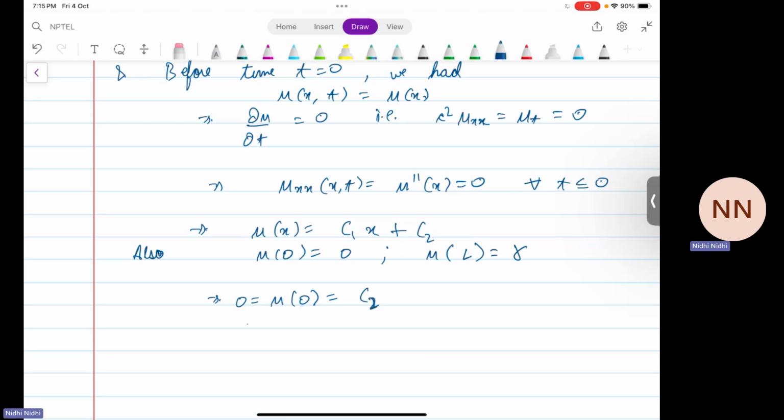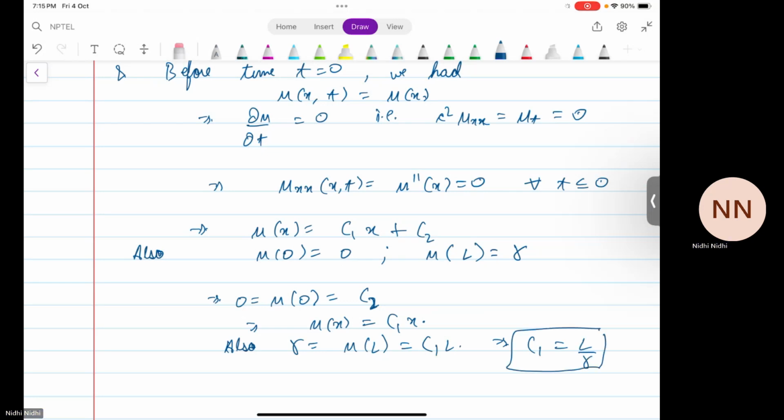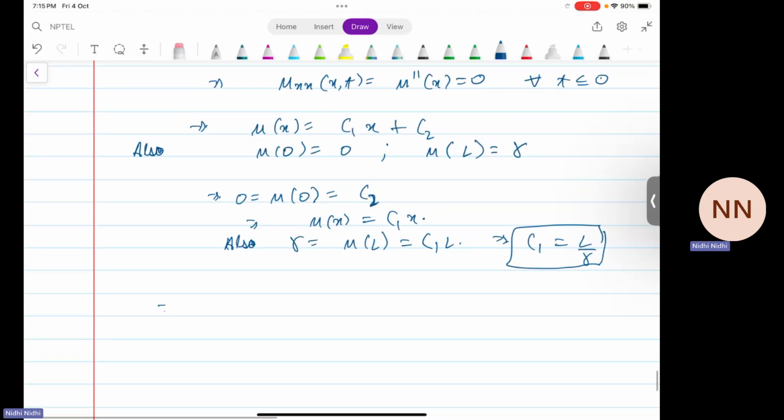So this implies u(x) is just c1 x. Also, gamma is equal to u at L, which is c1 times L. So this implies c1 is gamma by L. So this gives us u(x) is equal to gamma by L times x.